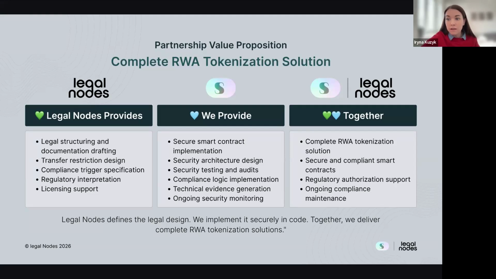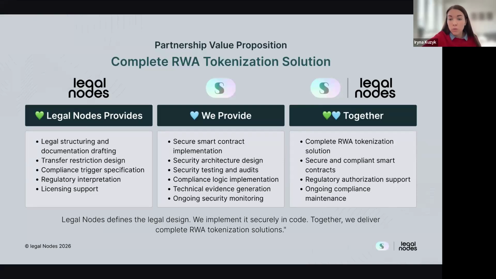Legal Notes focuses on defining the legal and regulatory architecture of the project, like the legal wrapper, the entities that need to be incorporated, designing the transfer restrictions, specifying compliance triggers, supporting licenses, and regulatory strategy. And Sentinel Core designs these secure smart contracts, and they require technical architecture tests and support you through the audits to make sure that you have perfectly functioning smart contracts.